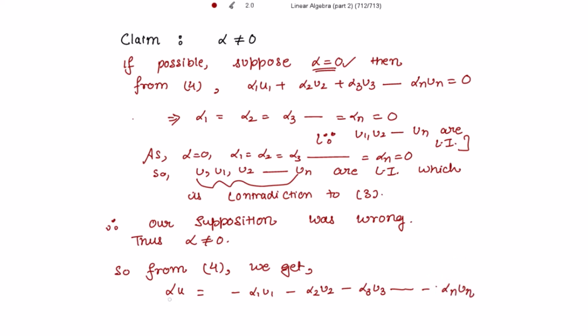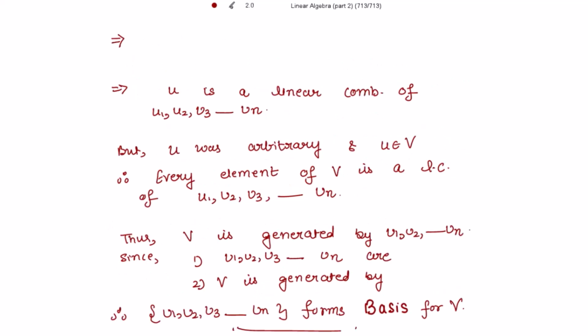Now as alpha is non-zero, can I divide alpha all over? Yes. So u is equal to, because I'm dividing alpha all over now, because I have claimed that this alpha is non-zero, then only I can divide. Okay, fine. So because alpha is non-zero, I'm dividing all over alpha. This is u.